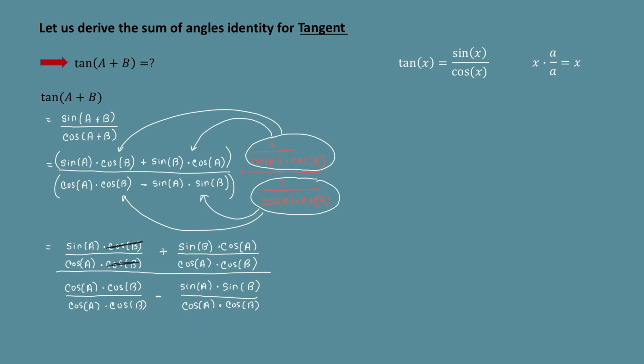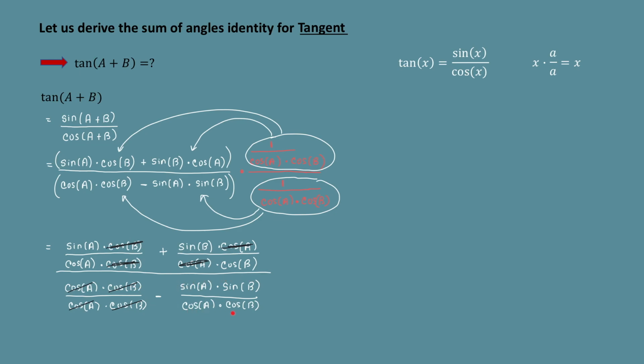On the other side, I can cancel cosine A and cosine A. Right here below, I want you to notice that cosine A and cosine B are identical, both on top and below. So they'll cancel out. So that will cancel with cosine A, cosine B, and cosine B. So what we're going to have here in our next steps, this will now simplify to just 1.